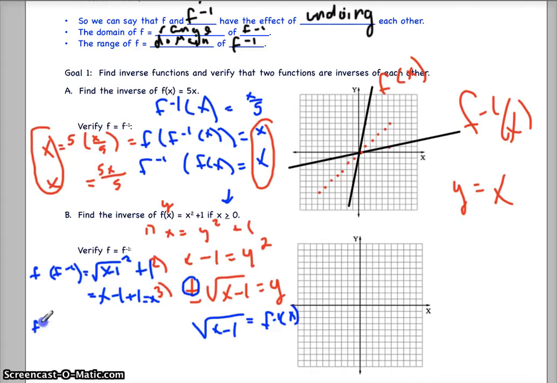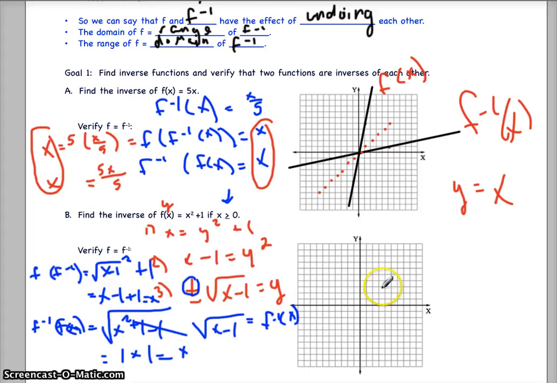Let's find f inverse of f. So we'll plug x squared plus 1 into the radical. So that's the square root of x squared plus 1 minus 1. The 1's cancel. The square root of x squared is the absolute value of x, which is still positive x. So we verified that way.